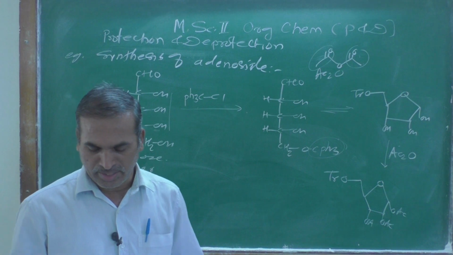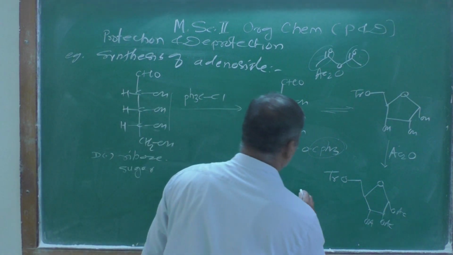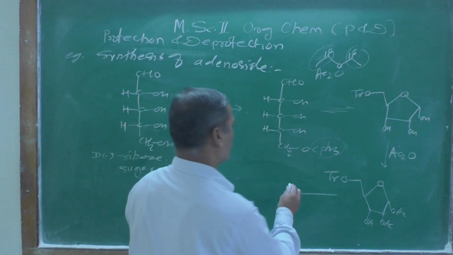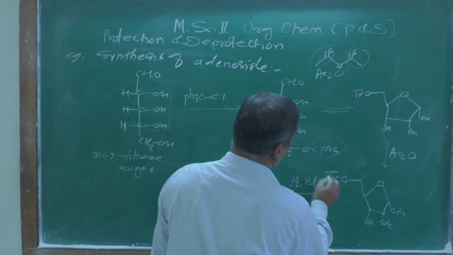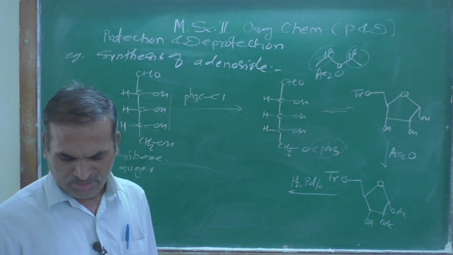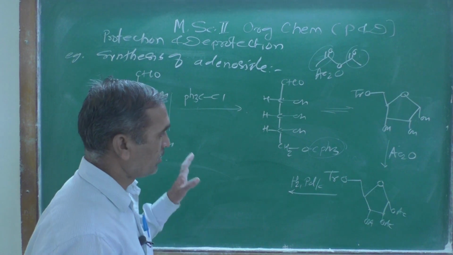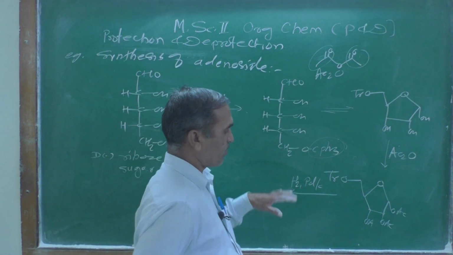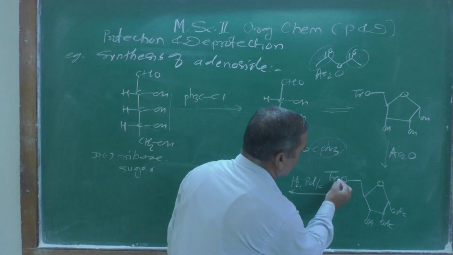Now when this is treated with a reagent like H2, hydrogenolysis, H2 in presence of palladium and charcoal, what will happen? It will selectively remove this group only.